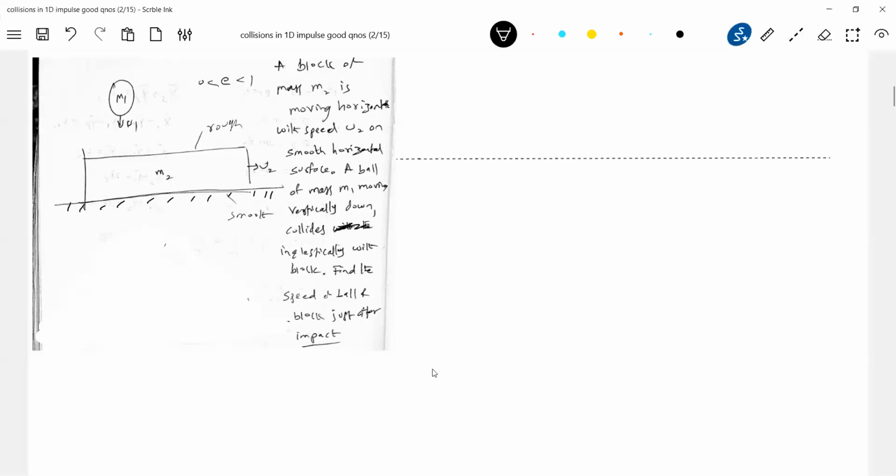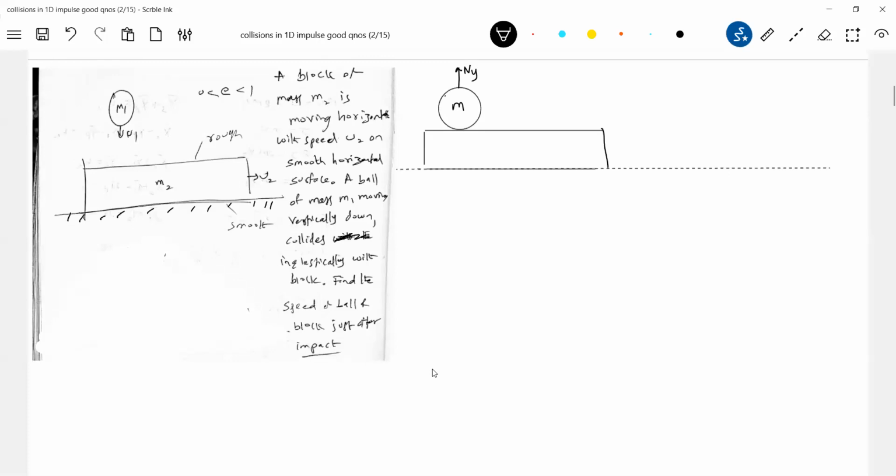Okay, there's a plank. Let's see, just before the ball comes and collides, what are the forces that will result? The normal contact Ny will act for a small duration of time.